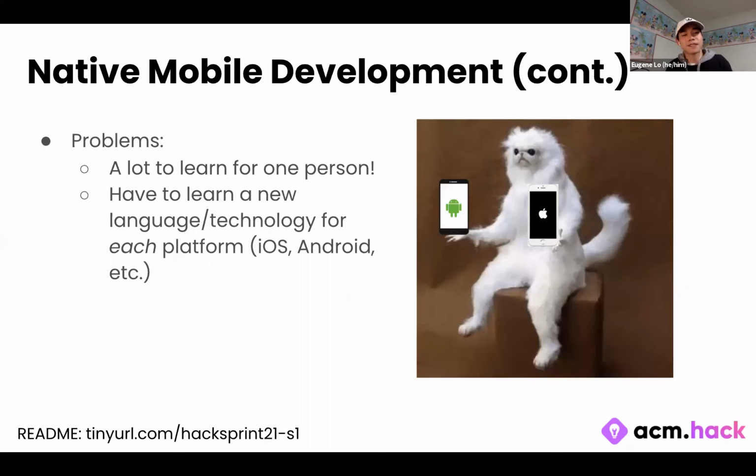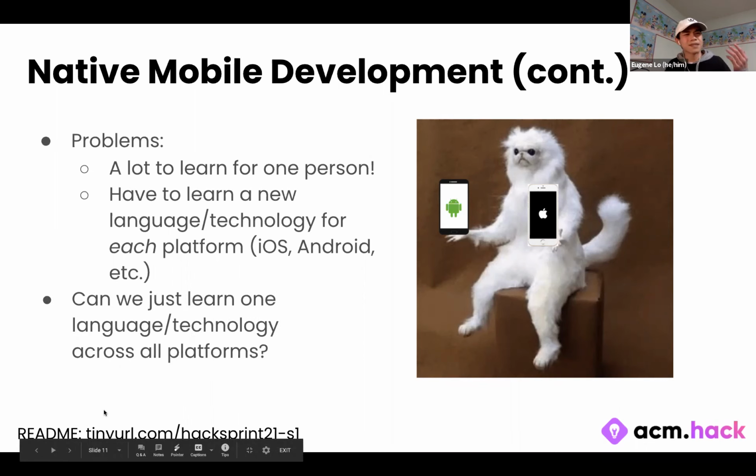And this means that if we want to, for some reason, make our app for Windows OS, which is also a phone OS, I just found out like last week, we would have to learn that language and that technology. And I think they do that in C and C++. So for a beginning developer or for a college student, this is a bunch of things you have to learn just to get your app available on multiple platforms.